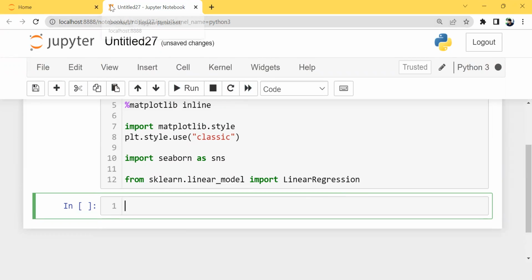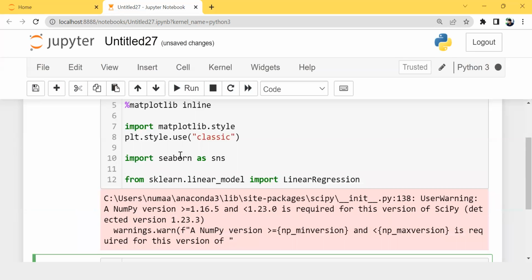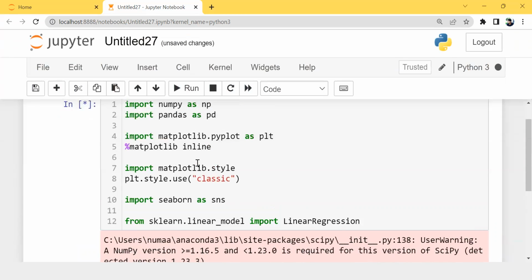You can see it's just running. It may take a few more seconds to complete the run.